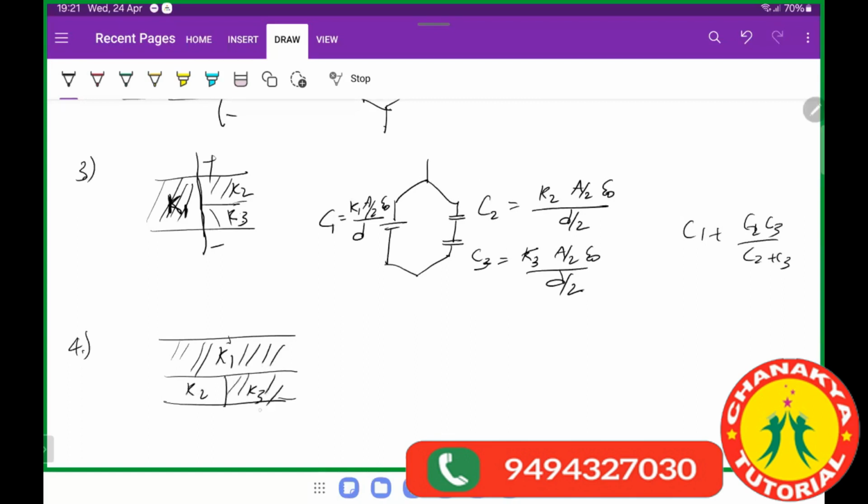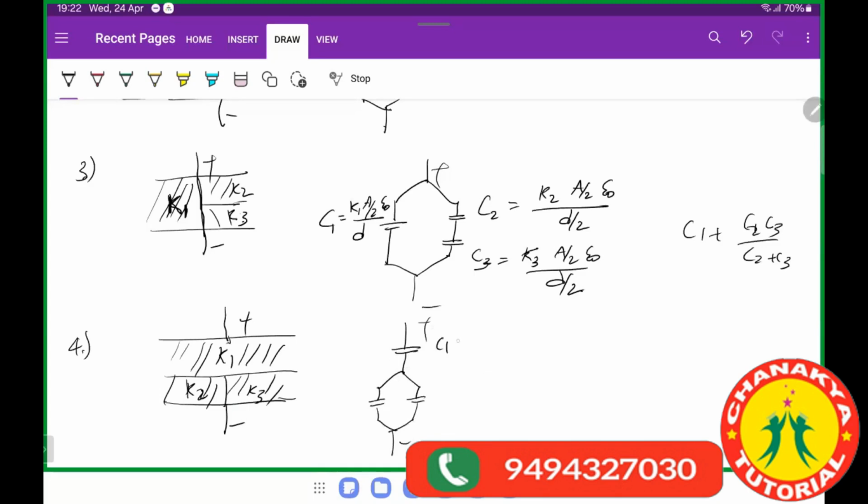Now tell me, K2 and K3 are in parallel, while together they are in series with K1. How do we draw the simplified circuit? Same as the previous one, plus and minus.